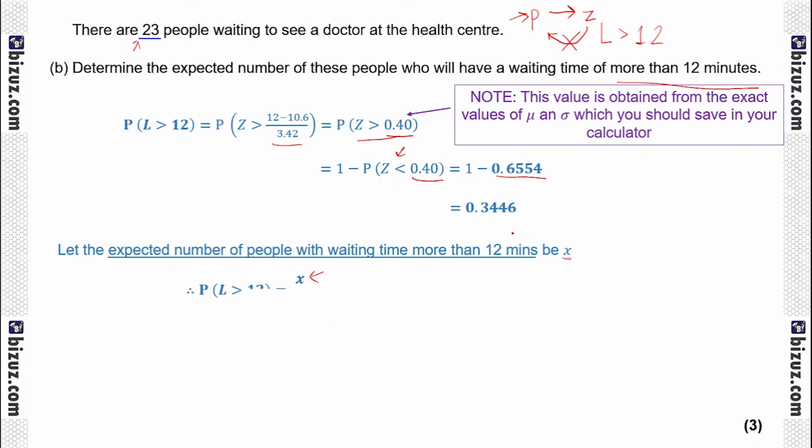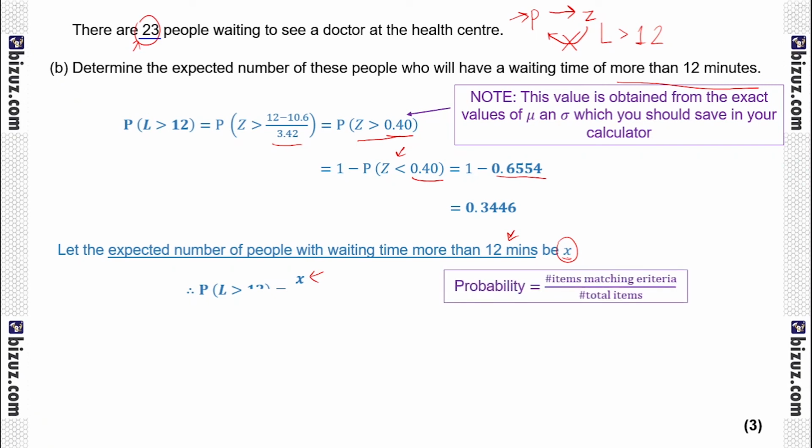Here our criteria is waiting time being more than 12 minutes, so the number of items that meet the criteria is exactly x, divided by your whole sample size. The total number of people that you're considering is 23, so that's why you have 23 at the bottom. Now we can easily find x, which is what we need to find as the answer for this question.